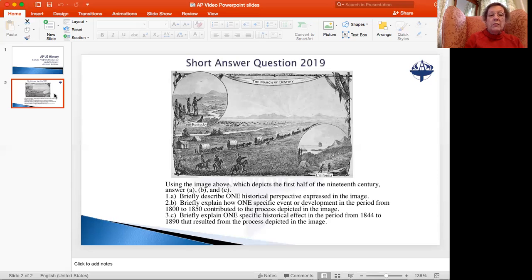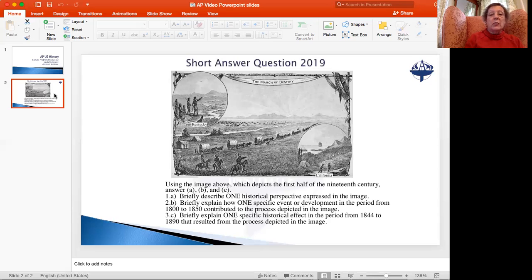Question number 3, part C, asks you to explain one historical effect from 1844 to 1890 that resulted from Western expansion. Again, note the word explain. You also want to note the time period, 1844 to 1890.